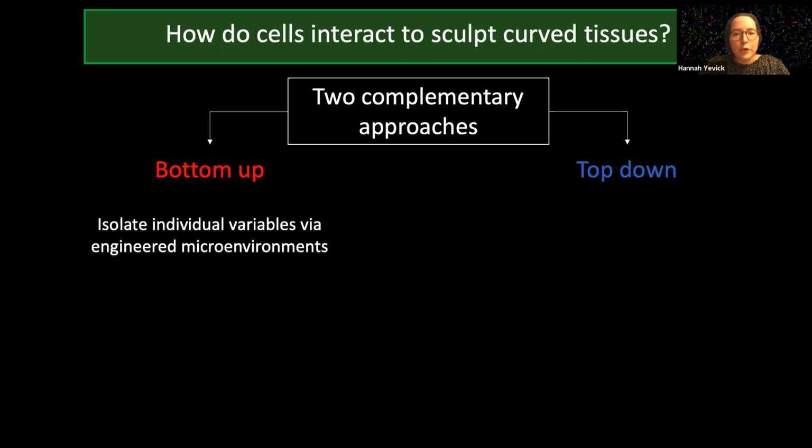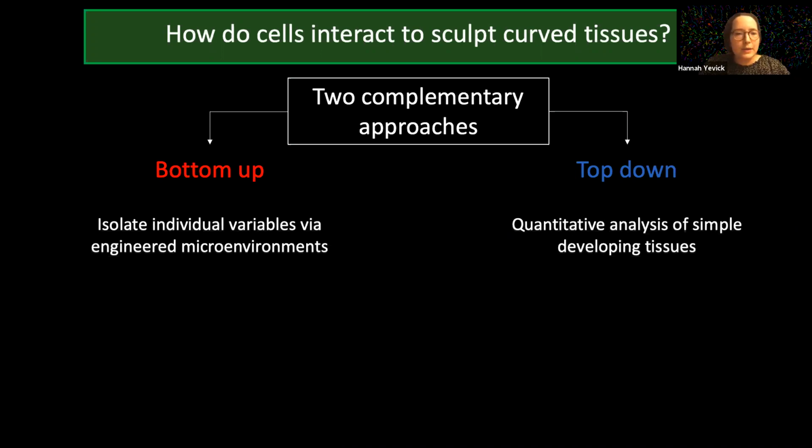An alternative approach would be top-down, where you try and find the most simple developing tissue or a simple context of a developing tissue, and then use quantitative analysis to try and parse out some of these rules of how cells are coordinating.